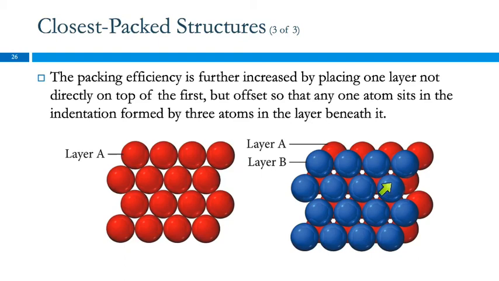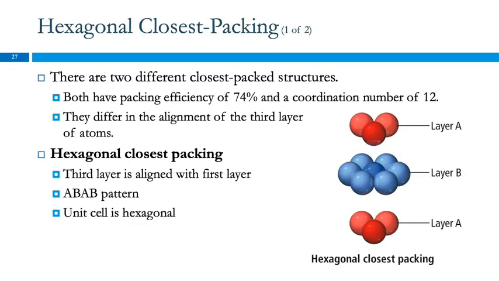And so we're going to let this second layer sit in all of those little indentations. It's naturally what it wants to do. And so layer B is offset from layer A, not right on top of it. These are called closest packed structures because unlike the simple cubic, this is the closest you can pack them.